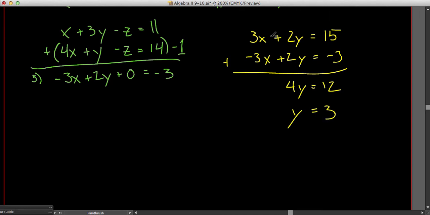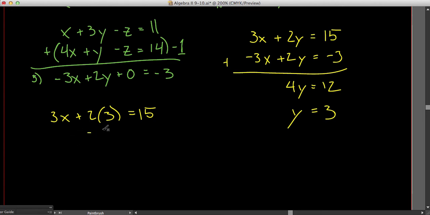Well, we solved for that right here. So either of these would really work. Let's pick the positive ones because that's a little bit easier. And I can plug it in as 3x plus 2 times 3, our new y value, equals 15.